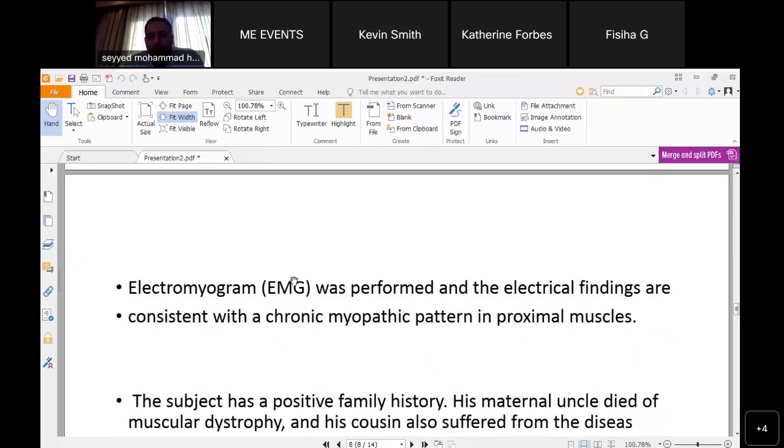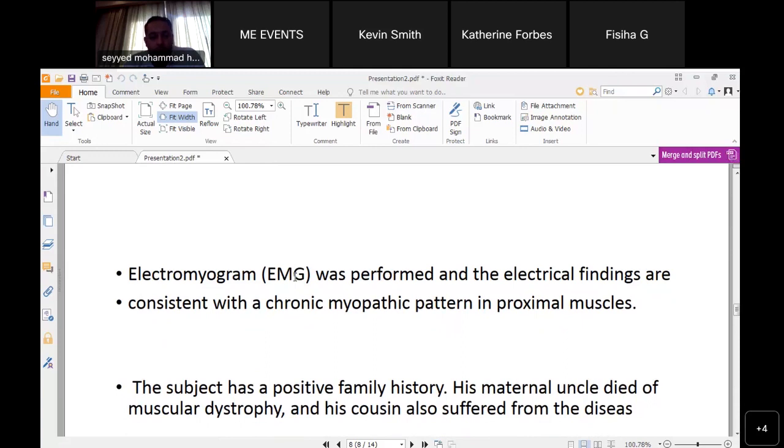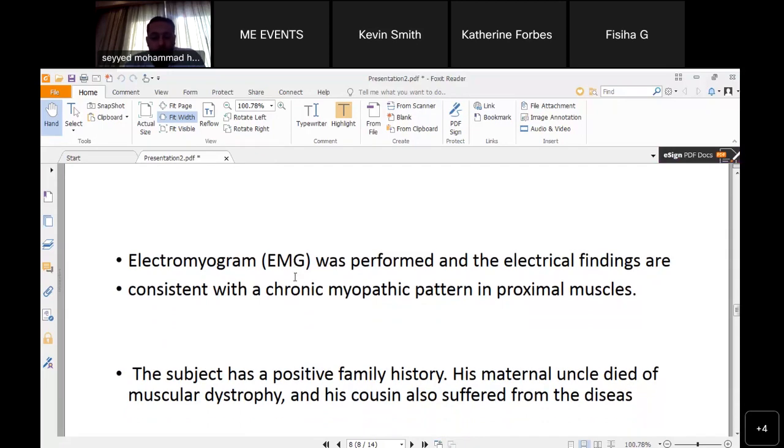An electromyogram was performed, and the electrical findings are consistent with chronic myopathy patterns in proximal muscles. Our subject has a positive family history. His maternal uncle died of muscular dystrophy, and his cousin also suffered from the disease.